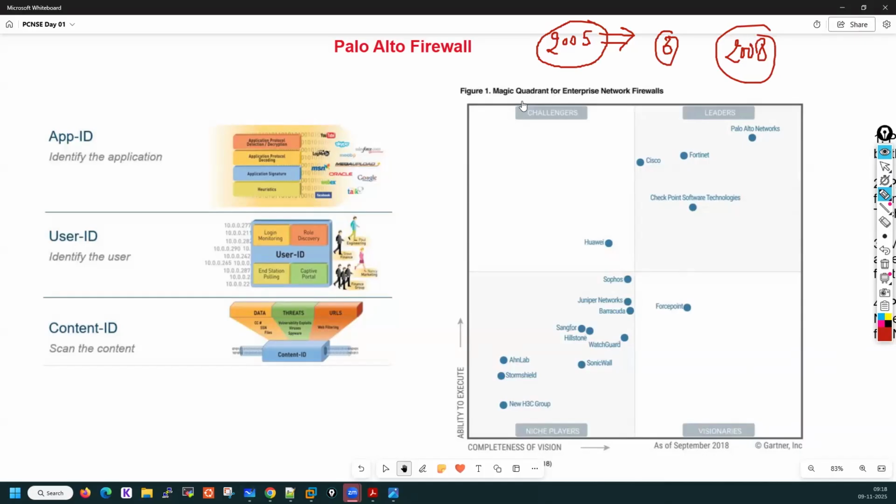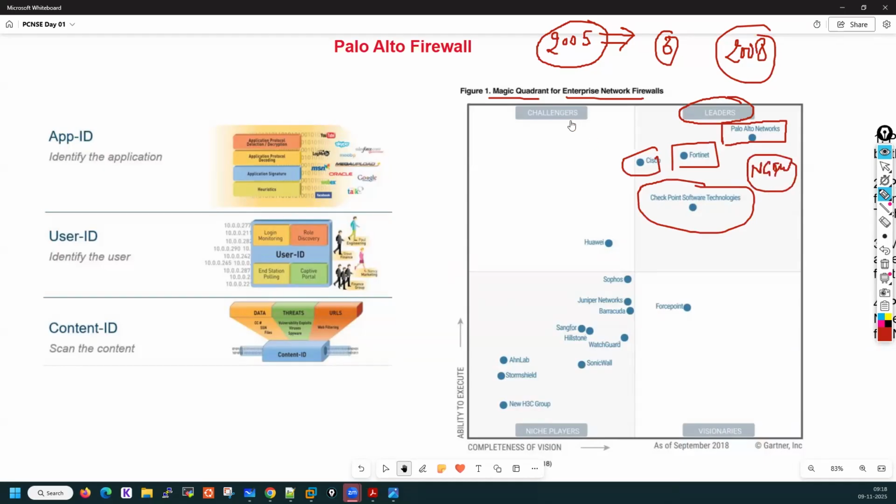firewall industry. And if you check the Magic Quadrant of the Gartner reports, in the next generation firewall, Palo Alto is in the leaders quadrant and it is on the top. The second one is Fortinet, then we have Cisco and Checkpoint. So those are the four major next generation firewalls.